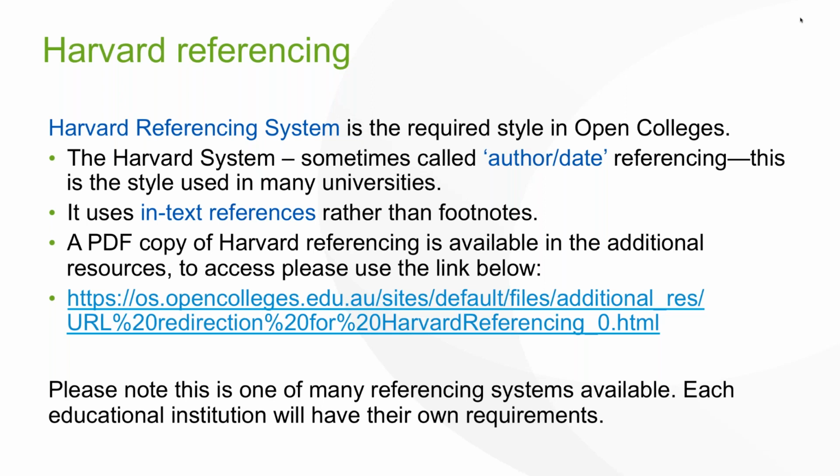Harvard referencing uses in-text references rather than footnotes. And we do have a PDF copy available to you within OpenSpace in the Student Lounge. So you can click on the link or copy the link I have here in this PowerPoint, or you can go to the Student Lounge and find the Harvard referencing link there.